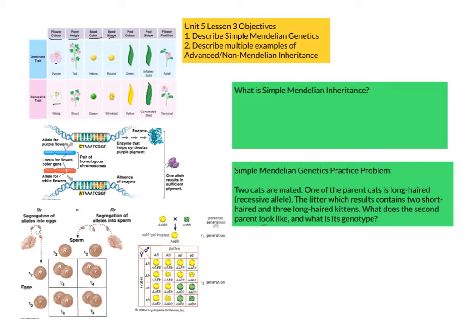And so when we talk about simple Mendelian inheritance, we're talking about traits that are controlled by one gene, and for that gene there is a dominant and a recessive allele.